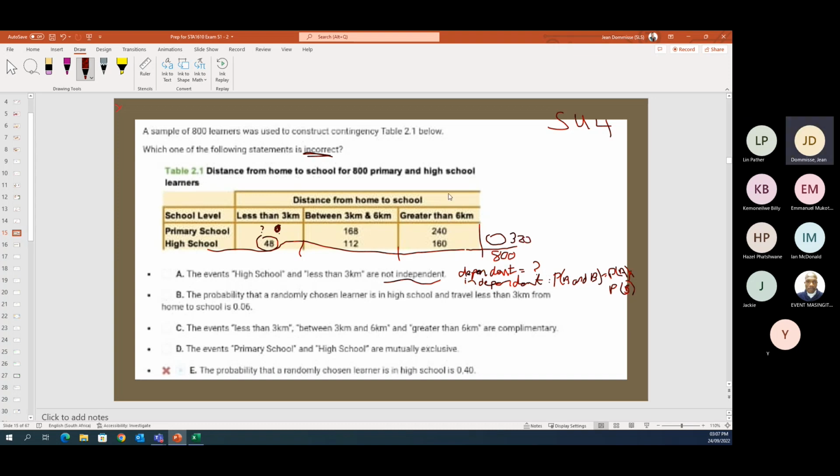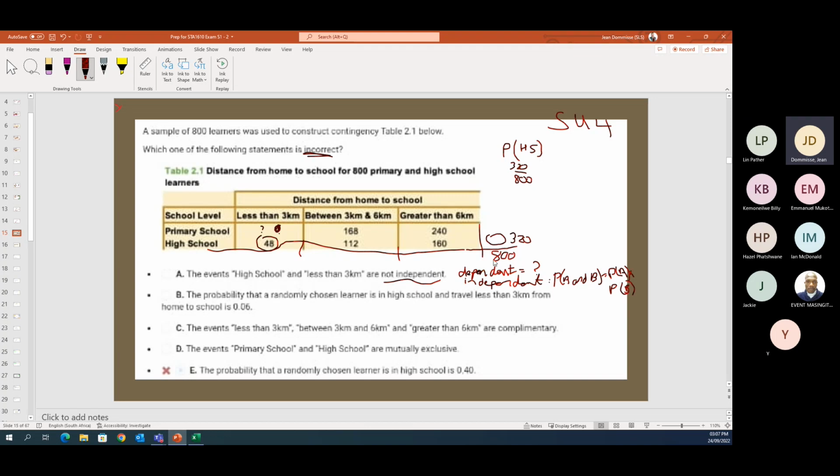So the probability of high school would have been 320 divided by 800. Okay, so that's the probability that one of the students is in high school.